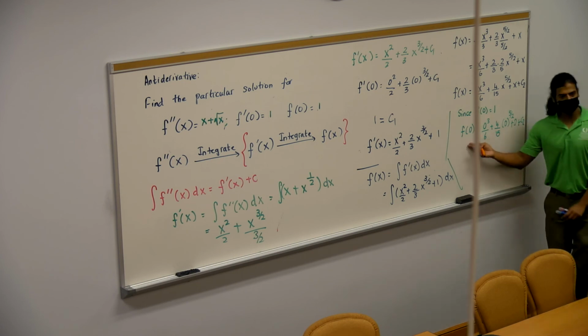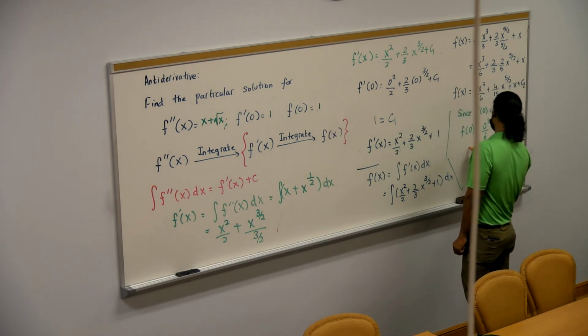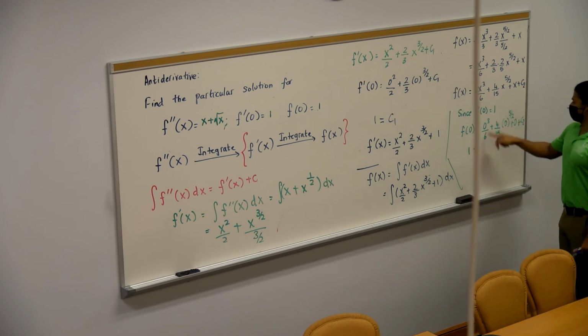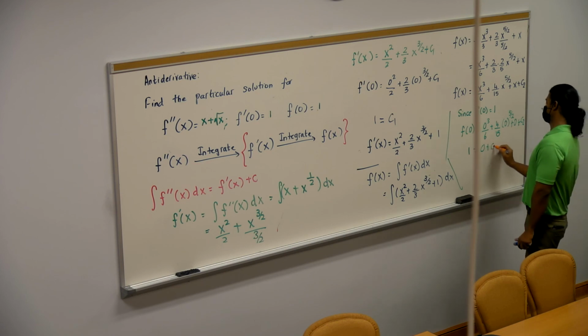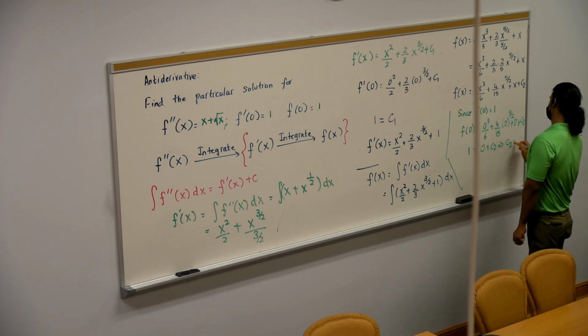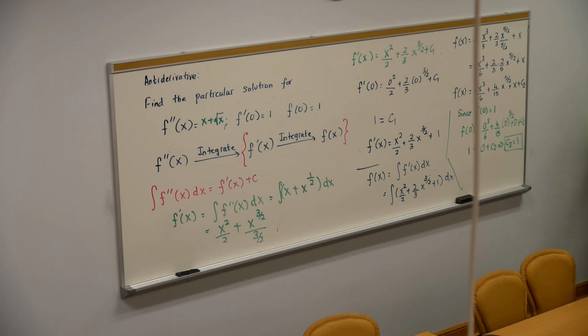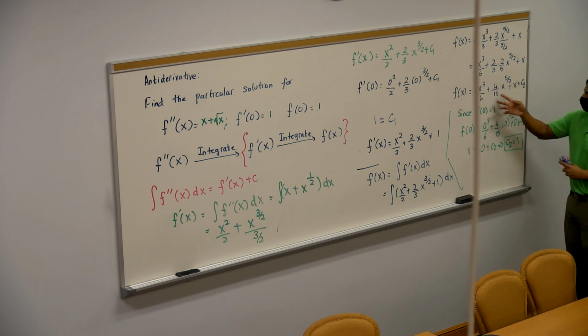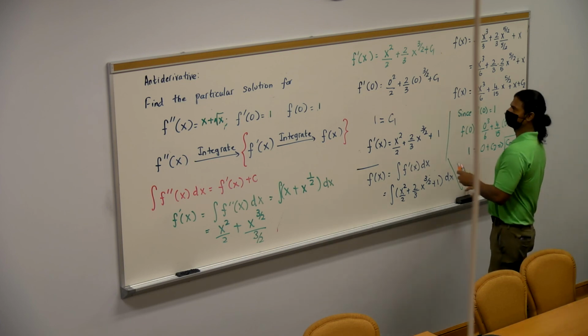And what is the value of f of 0? It is 1. And everything here in sum is going to become 0. So 0 plus C2, which would imply C2 is just 1. Good. So what is the particular solution? The particular solution is simply those terms plus 1. So, I guess I'll write it.